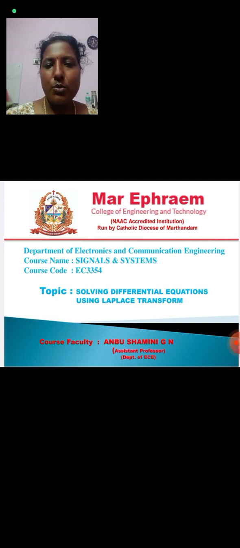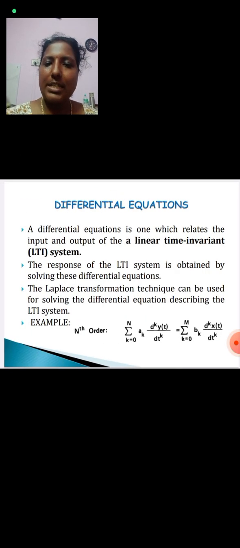Today I am going to take the topic solving differential equations using Laplace Transform from signals and systems. So what is meant by a differential equation? Normally a differential equation is one which relates the input and output of a linear time invariant system, that is, an LTI system.